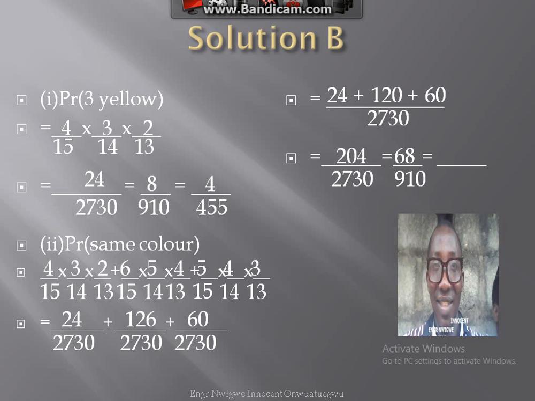So now cancel and we'll be left with 34 over 455.